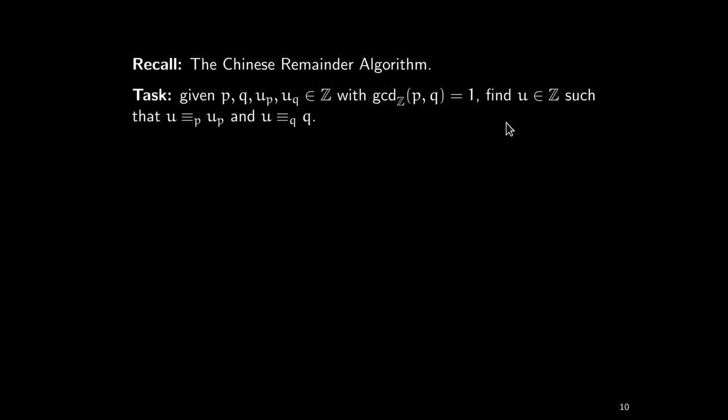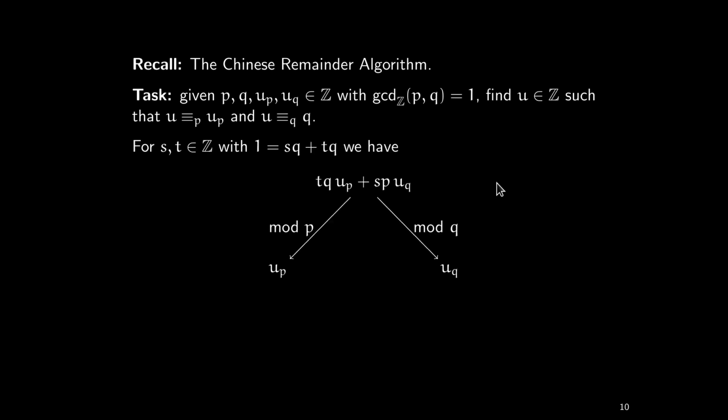And the task is to compute a U which is equal to one of the images modulo one of the primes. It doesn't have to be a prime here, but let's say they are primes, and it's equal to the other. This is a typo. This should be UQ. It's equal to the other image modulo the other prime.